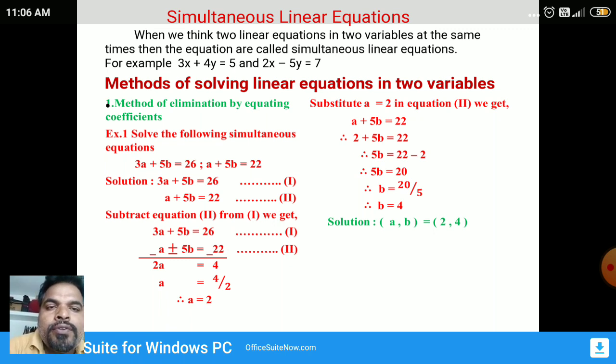Now how to find the solution of these two equations? First we write 3a plus 5b is equal to 26 as equation number 1 and a plus 5b is equal to 22 as equation number 2. Now observe these two equations.